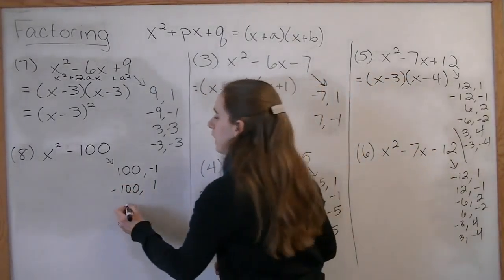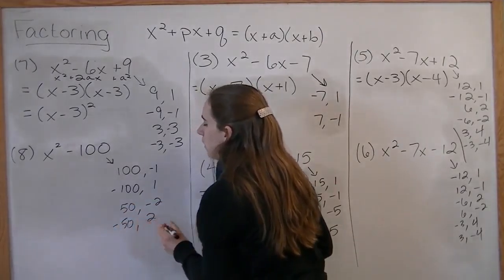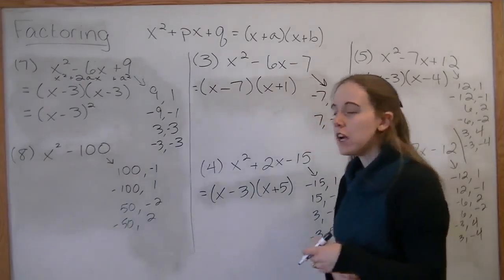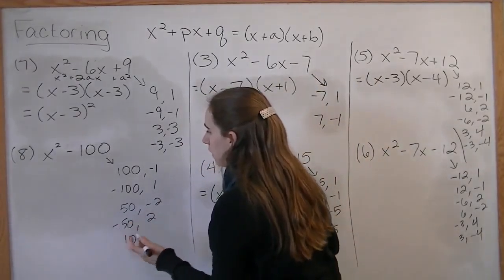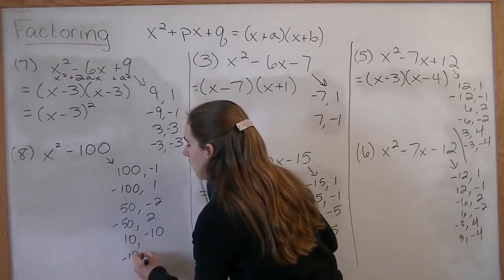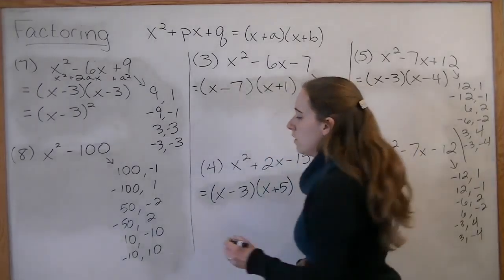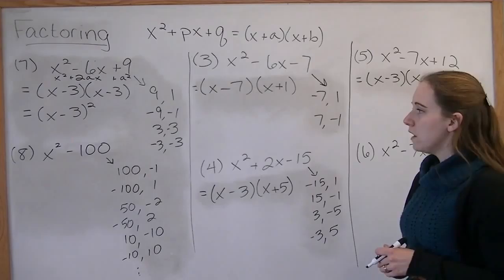We could take 50 and negative 2, negative 50 and positive 2. We could take 25 and 4. The other one that I can think of real quick is 10 and negative 10, or negative 10 and 10. There are more, but I'm not going to list all of them out.